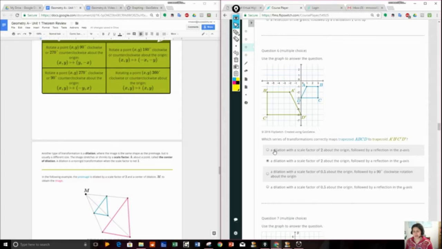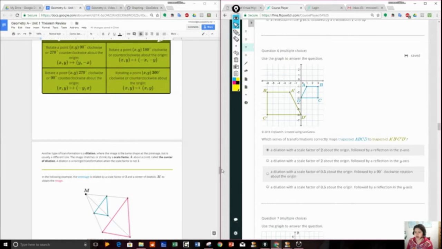So question 6, it says, use the graph to answer the question. Which series of transformations correctly maps trapezoid ABCD to trapezoid A prime, B prime, C prime, D prime? A dilation with a scale factor of 2 about the origin, followed by a reflection in the x-axis.